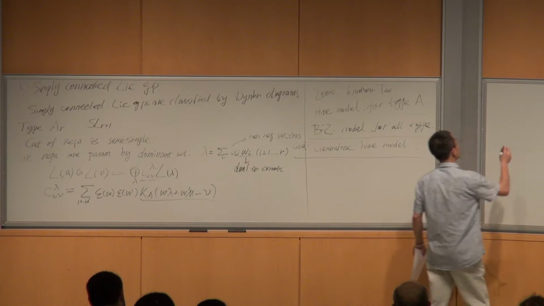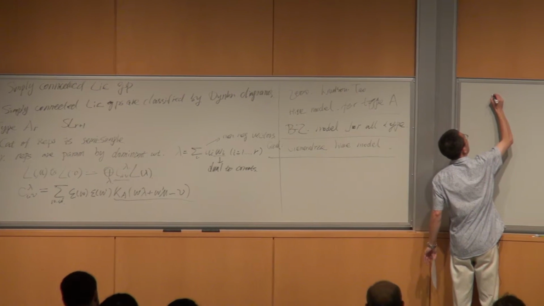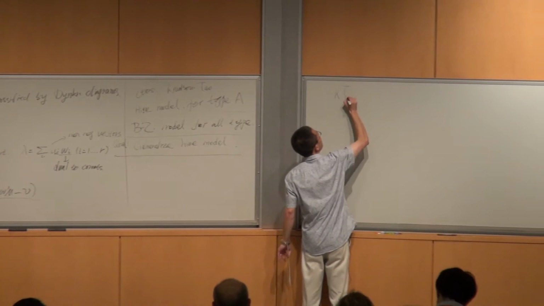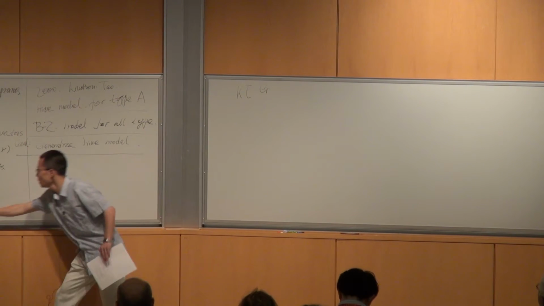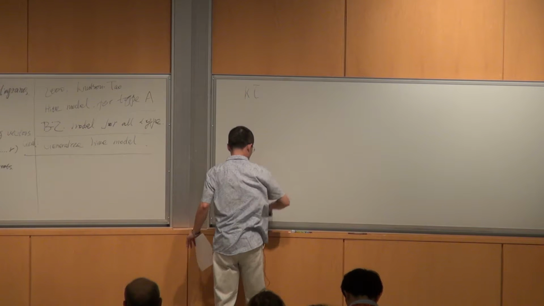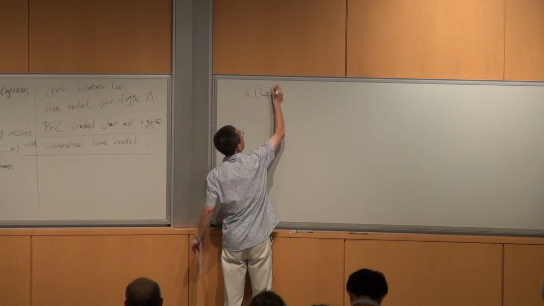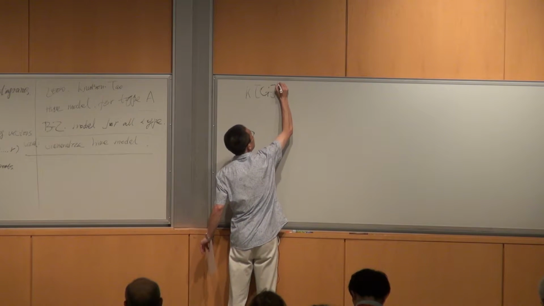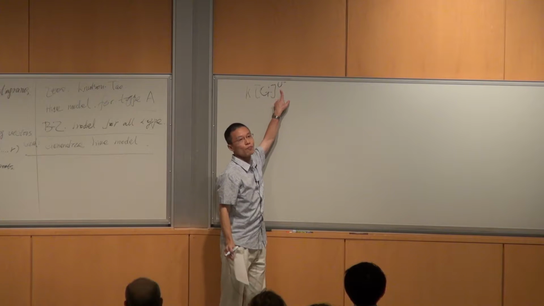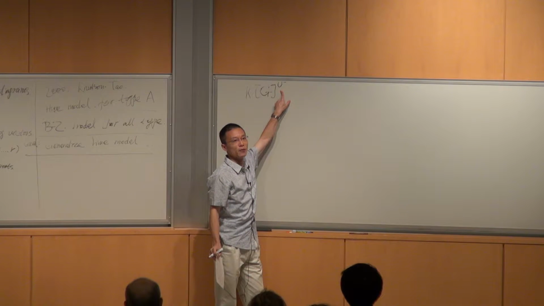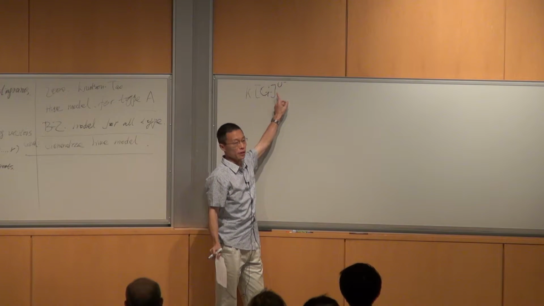The algebra I'm going to consider is the coordinate ring of G, where G is the group. Then we take invariants under U minus. In type A, this is the set of lower triangular matrices.